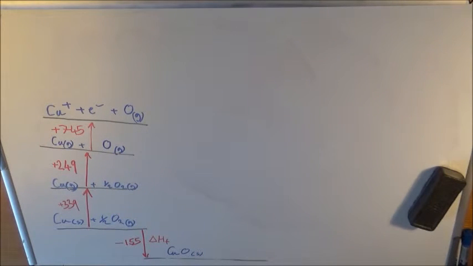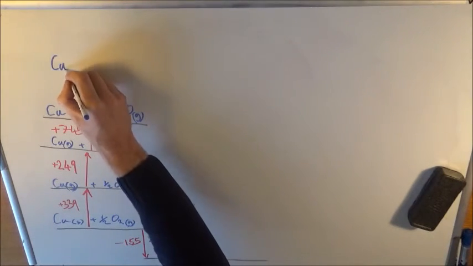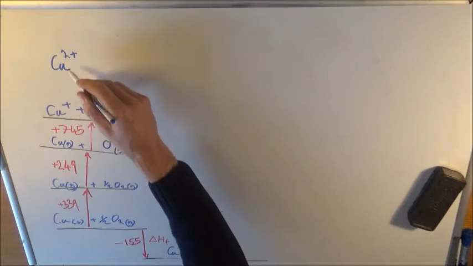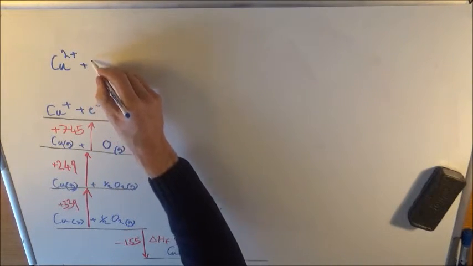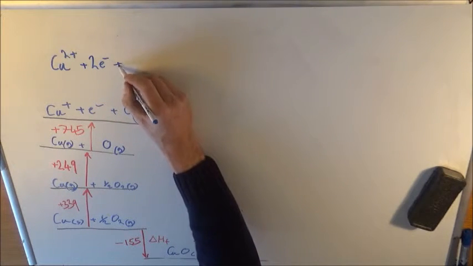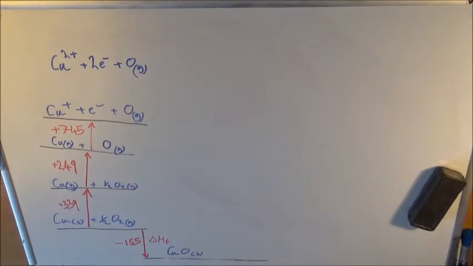But then we've got to take out a second electron from the copper. So the second ionization energy, again from AS, is going to give us a copper 2 plus, and then we've got another electron, so altogether we've got 2 electrons, and again nothing's happened to the oxygen atom. It is still 1 mole of gaseous oxygen atoms.